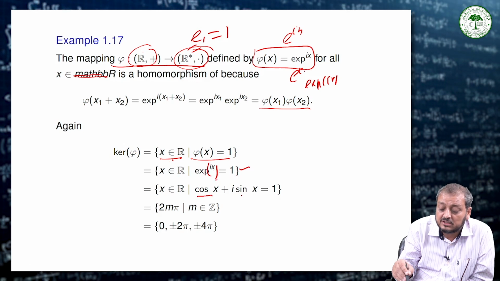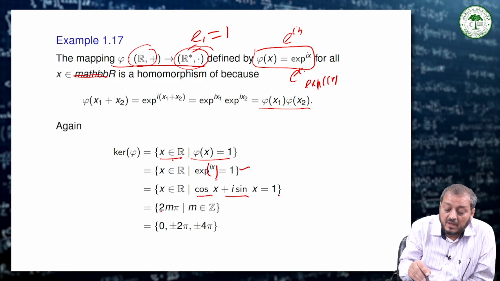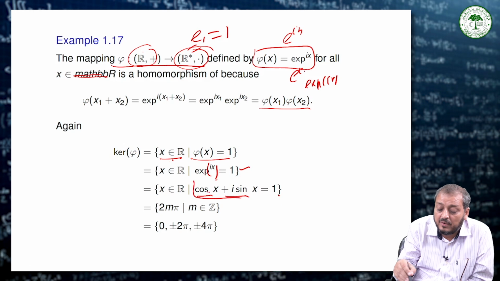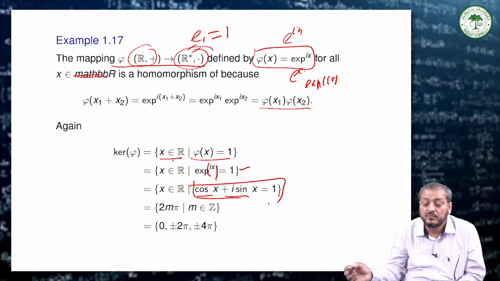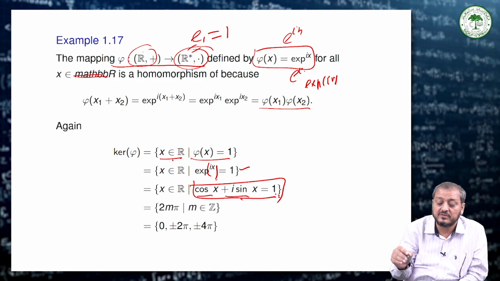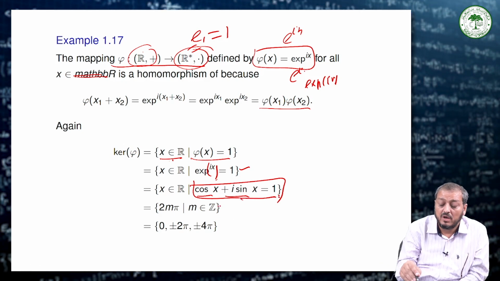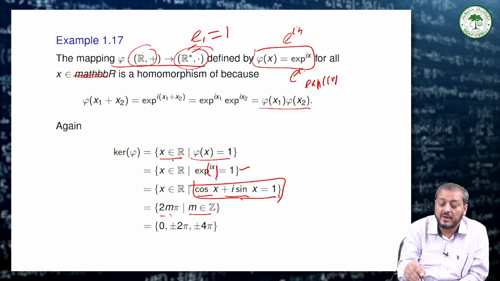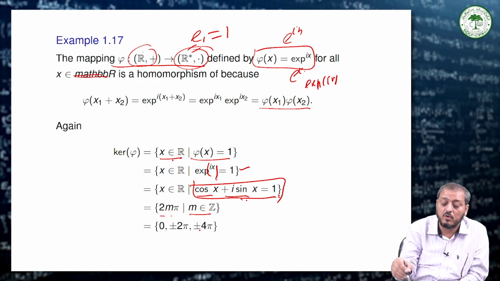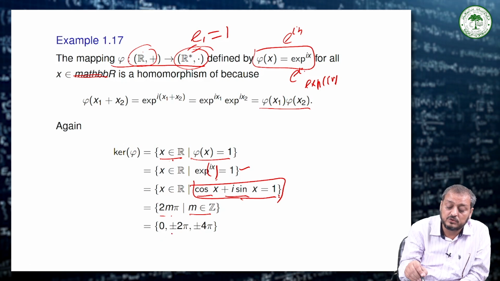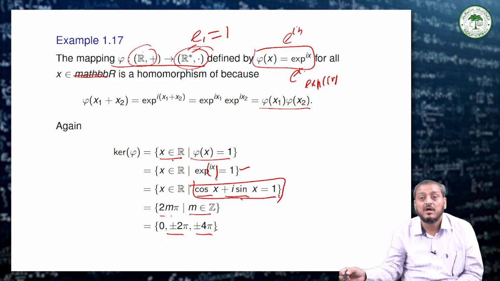Then this is cos x plus i sin x equal to 1, and this is the only value where cos x plus i sin x is equal to 1, which means x equals 2m pi for integers m, because we get the value 1 for multiples of 2 pi. This means the kernel of phi is equal to 0, plus or minus 2 pi, plus or minus 4 pi, and so on.